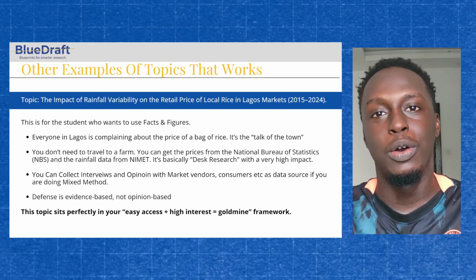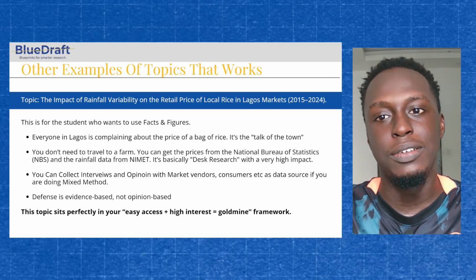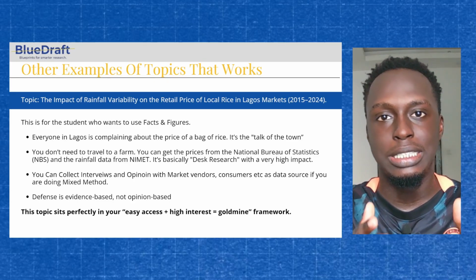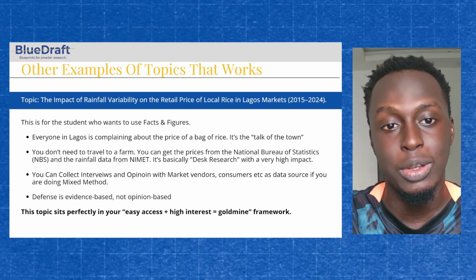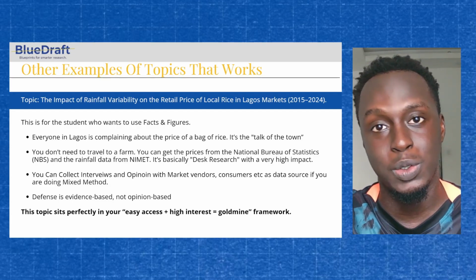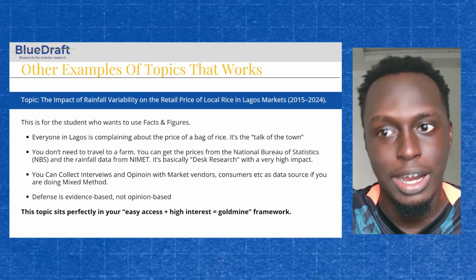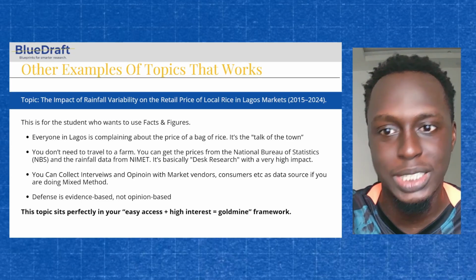You don't have to leave where you're staying to go to a farm, you can find the information online and it's very accurate. You can collect interviews and opinions from market vendors, those that sell the rice, and customers, people that buy the rice, because people always love to talk. If you know the right questions to ask, people will always talk.